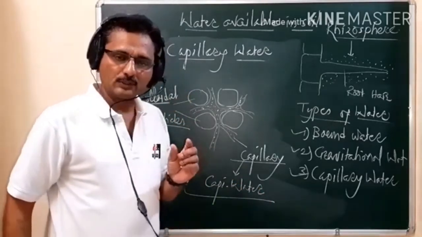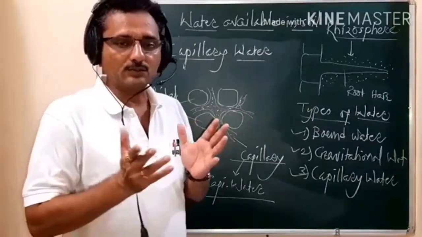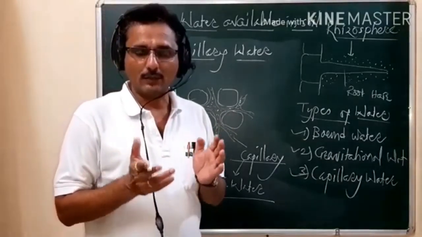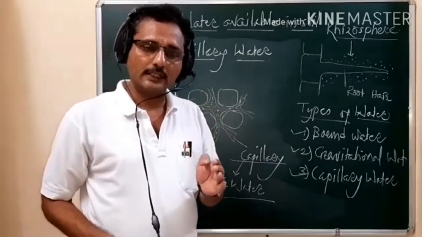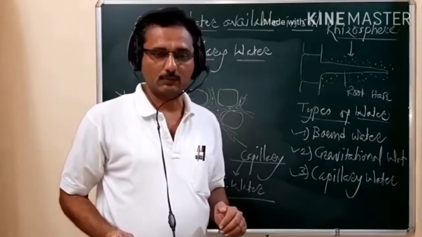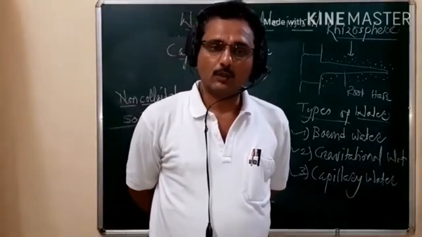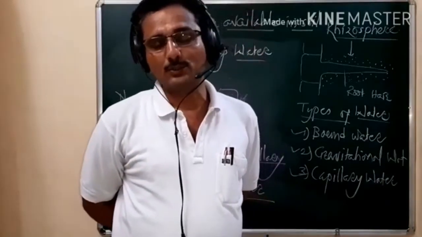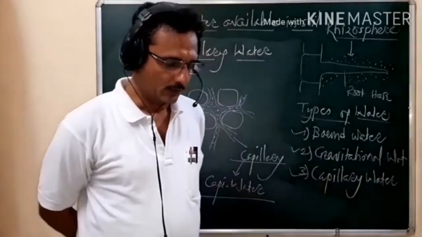So remember, because of the small capillaries developed among the soil particles, that water remains there. It never percolates down. So such a type of water is available to the root system, available to the plant.